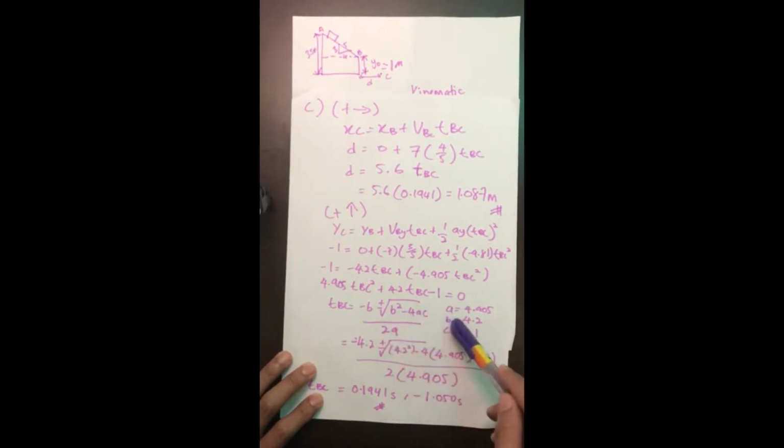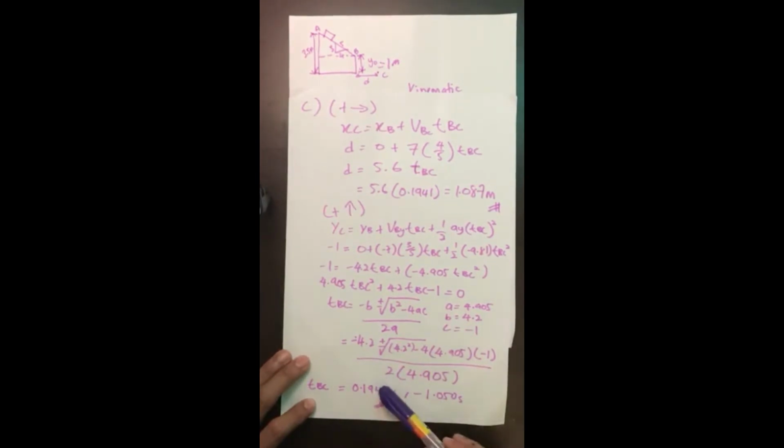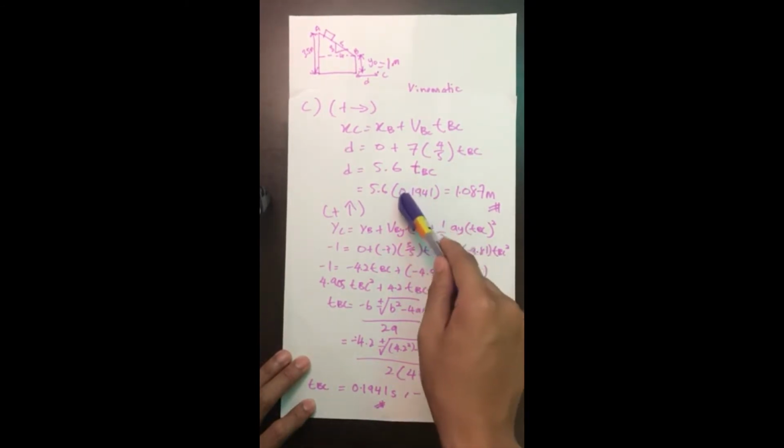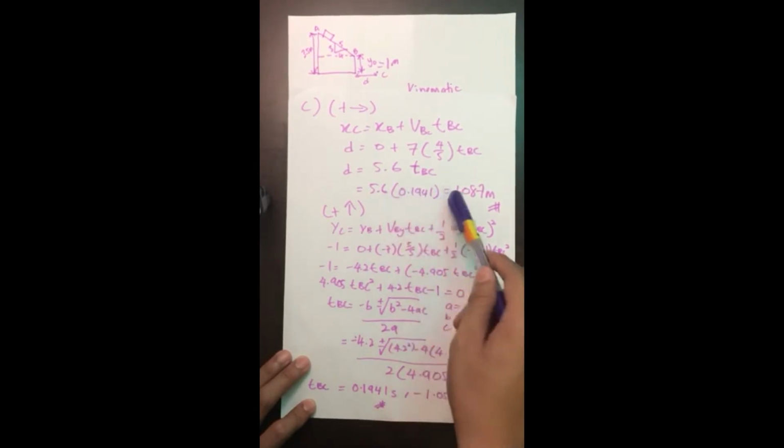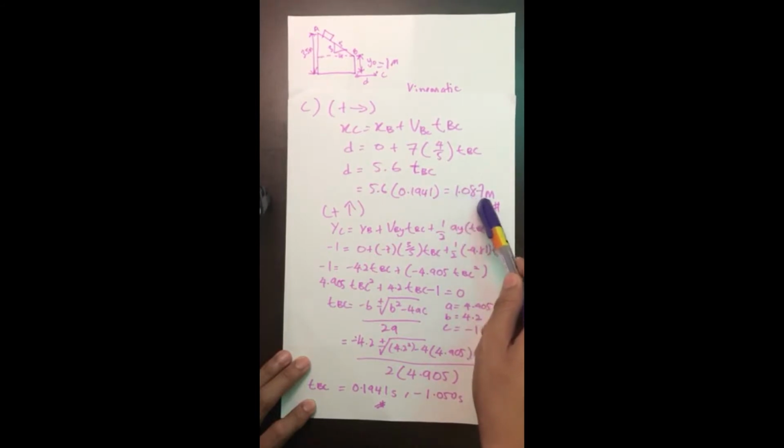After we solve the quadratic equation, we get two values of TBC, which are 0.1941 second and negative 1.050 second. We take the positive value and substitute it for TBC. After we substitute and solve, we get 1.087 meters as the distance.